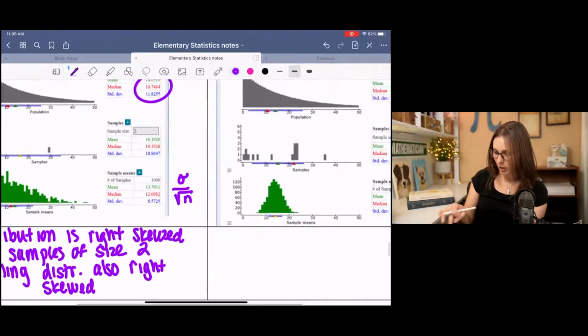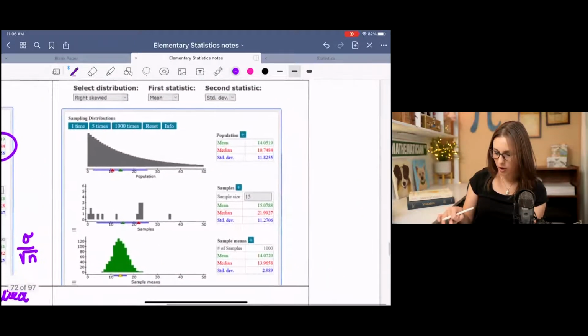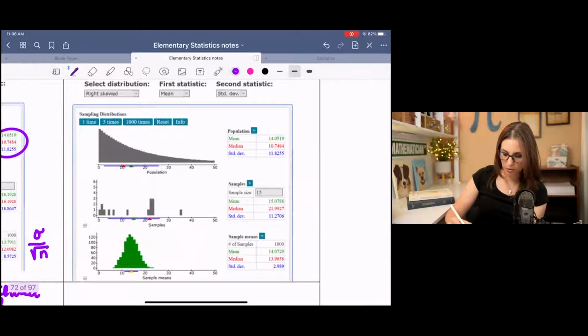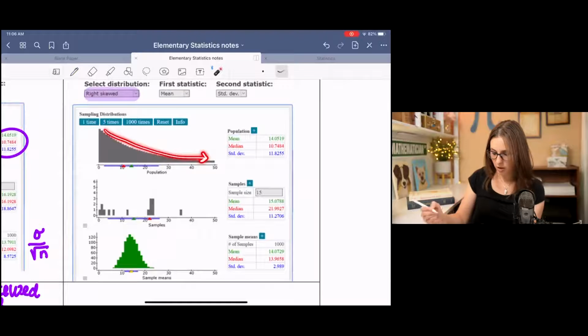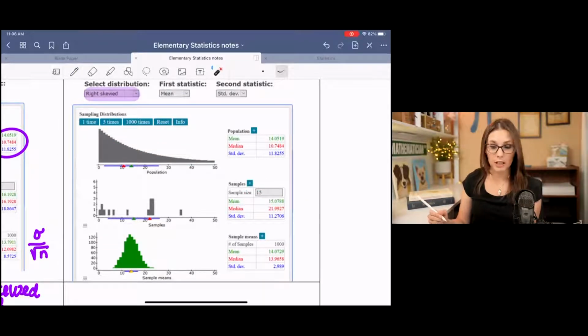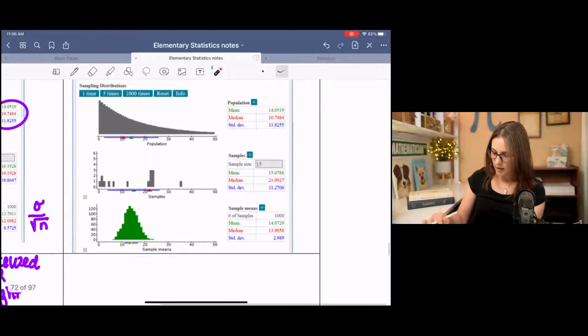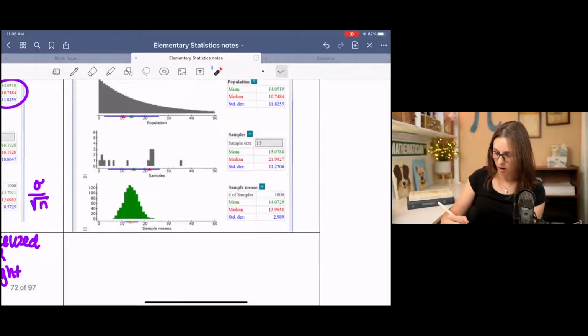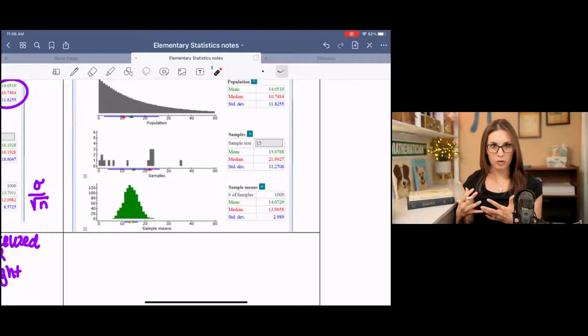For the next one, we also start with a right skewed distribution, and you can see that right tail here. I took slightly larger samples of size 15, and now it's starting to take on a more normally shaped distribution.